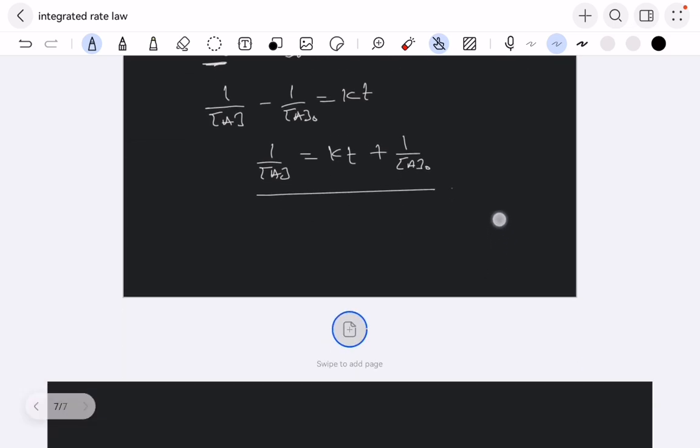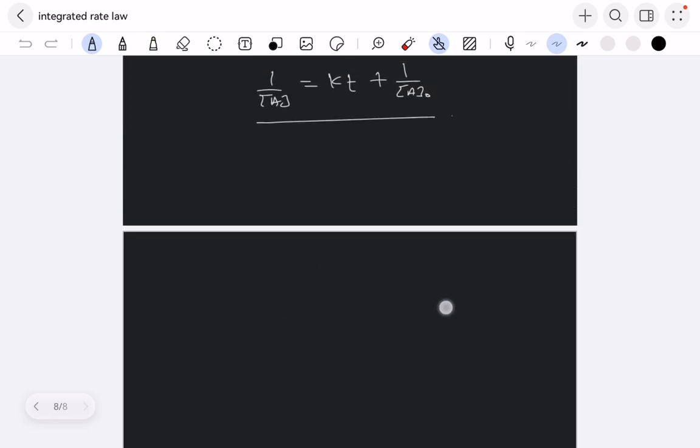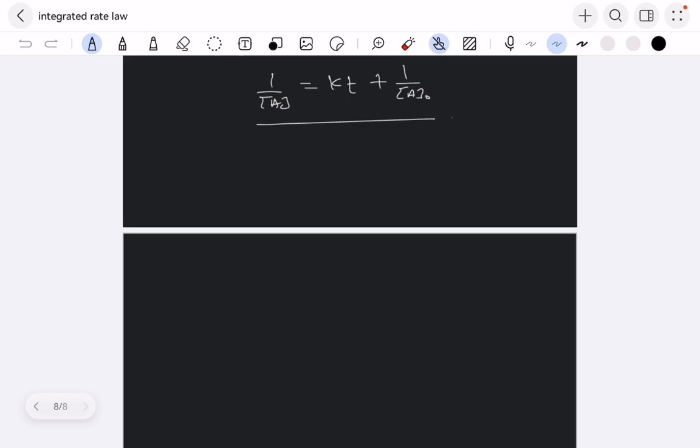Now to find the half-life, how do we find it? We know that half-life is the time taken for half of the original to decompose. So we're going to substitute this into that.